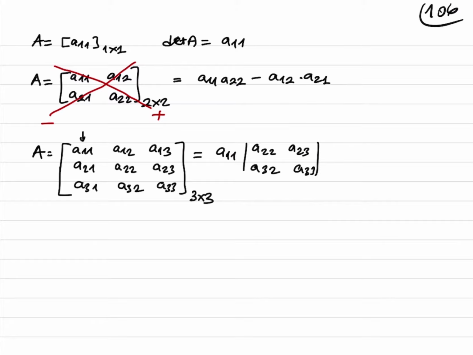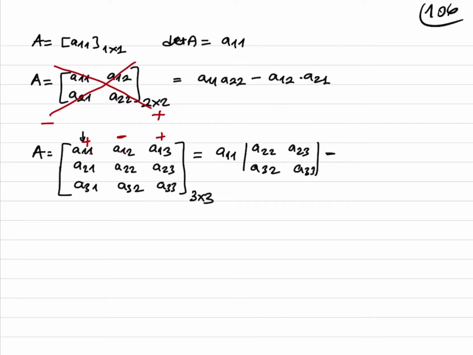And then the formula goes like this: minus 1 to the power 1 plus 1, 1 plus 2, 1 plus 3. So minus 1 to the power 3 gives minus, and minus 1 to the power 4 gives plus.